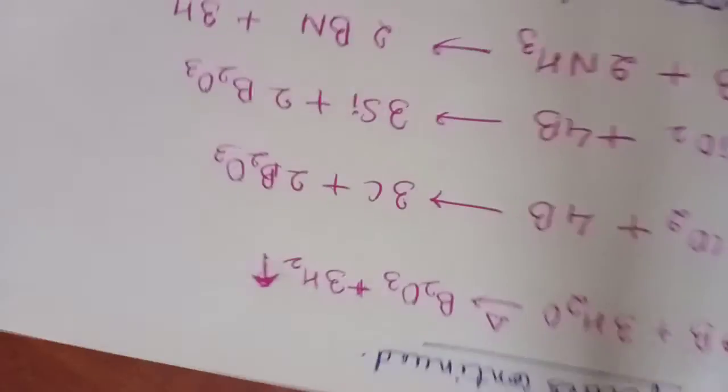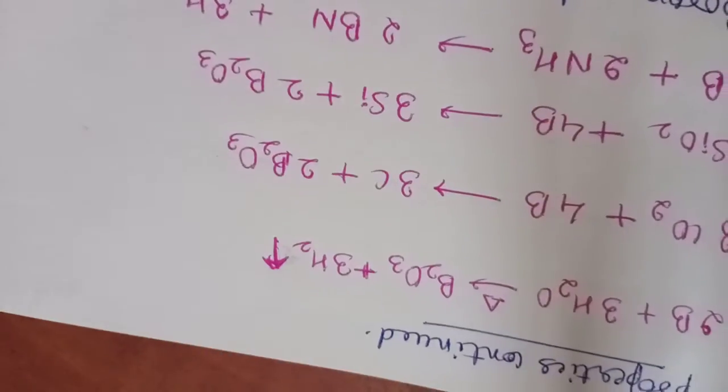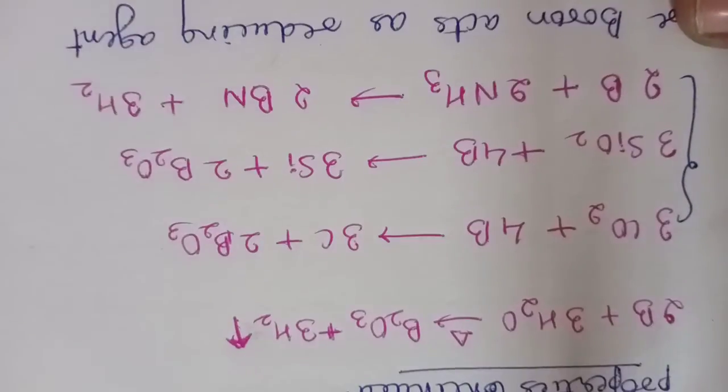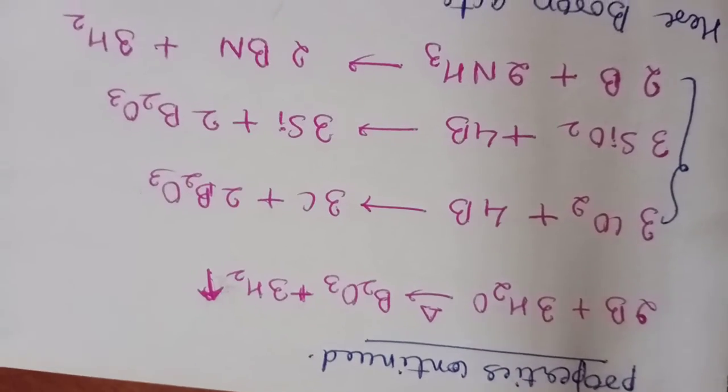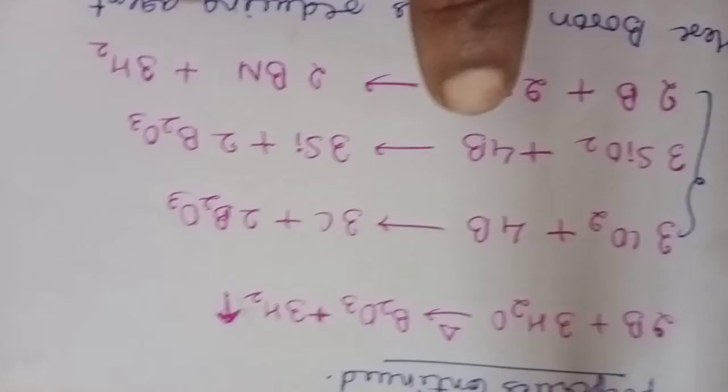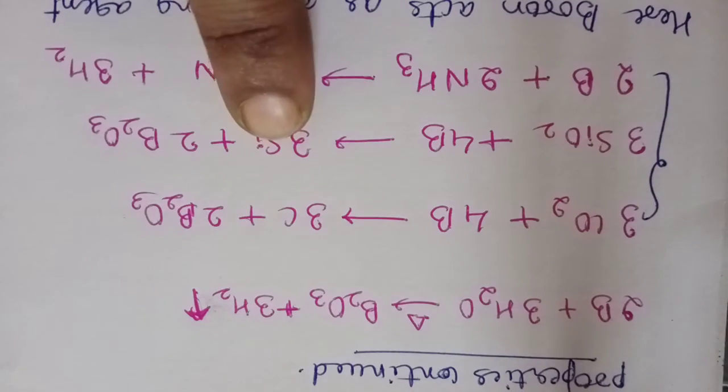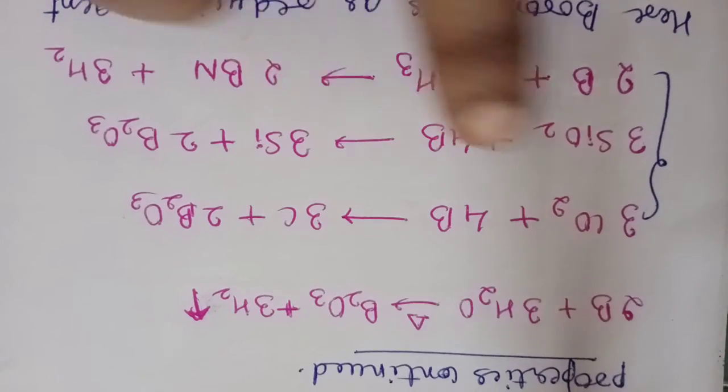Lastly, we are left with only the uses. Some properties are continued here. These are some previous properties of boron only, children, so this you can refer to.